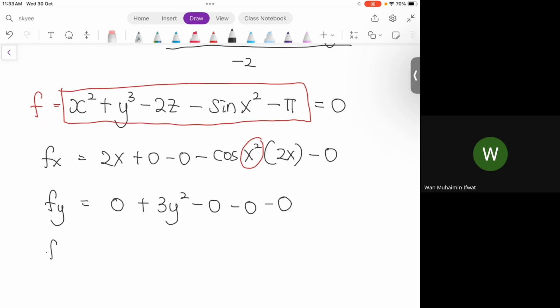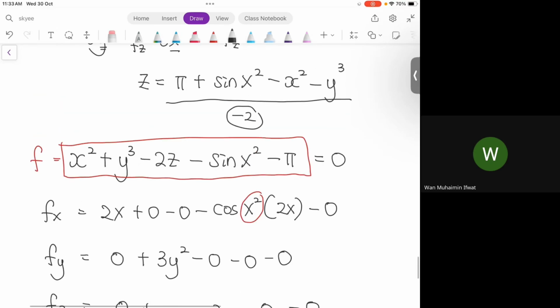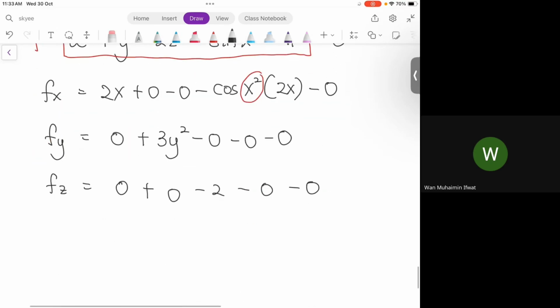And lastly, fz. So fz will be 0 plus 0 minus 2, minus 0 and minus 0. Just negative 2. Now we arrange them back, del z del x.